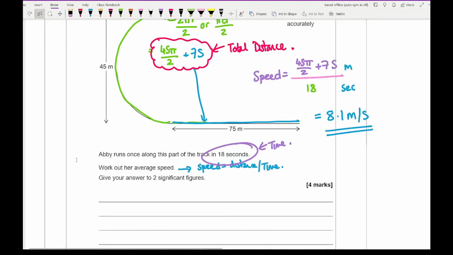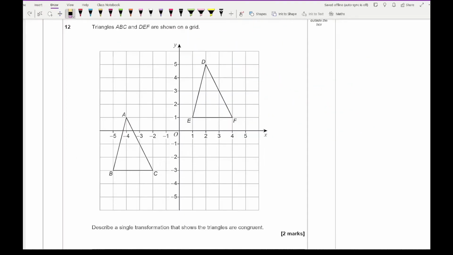Moving on to question 12, it says triangles ABC and DEF are shown on a grid, and the question is asking us to describe the single transformation that shows that the triangles are congruent. Depending on which triangle you're seeing as the image and which as the object, if you're going from ABC to DEF, it's going to be a translation.